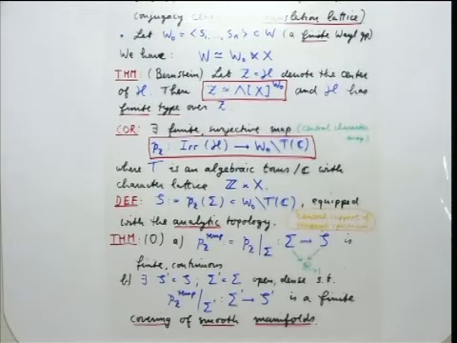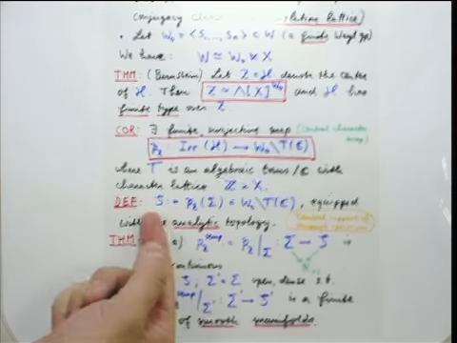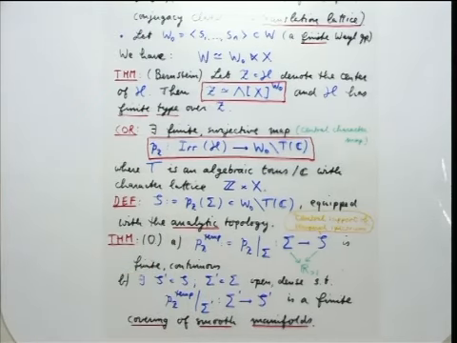So I define curly S to be the image under the central character map of the tempered spectrum sigma. And I equip this with the analytic topology as a subset of my complex torus.